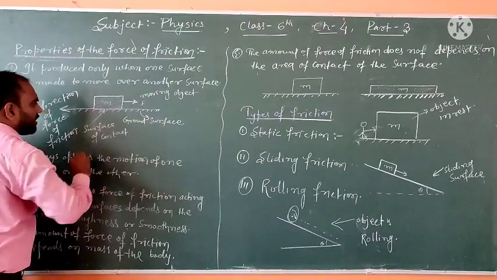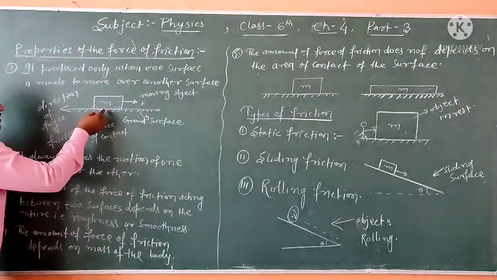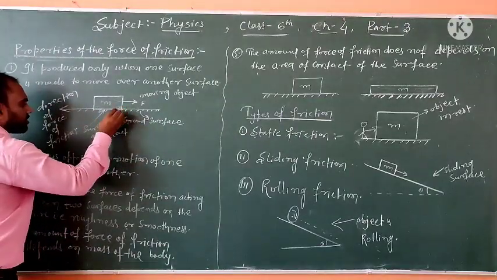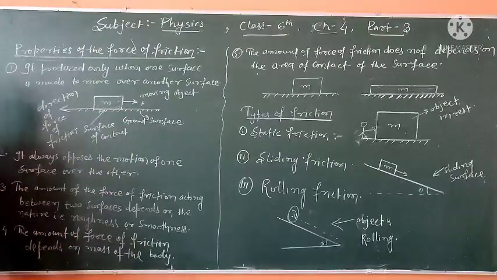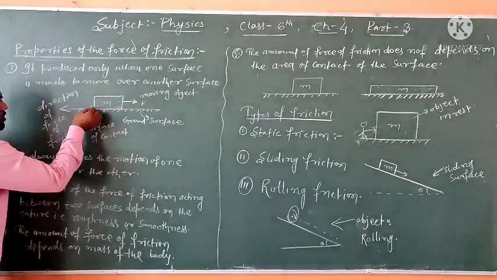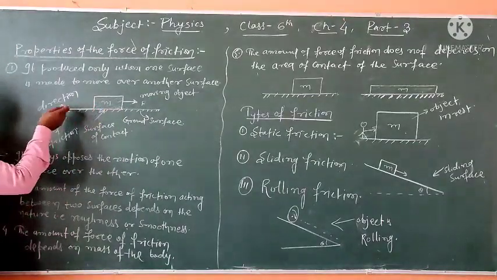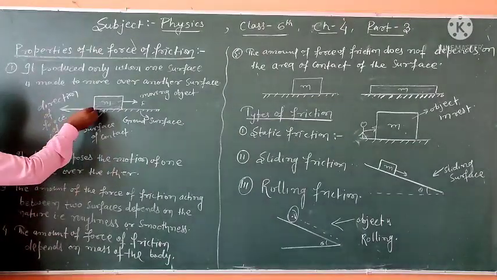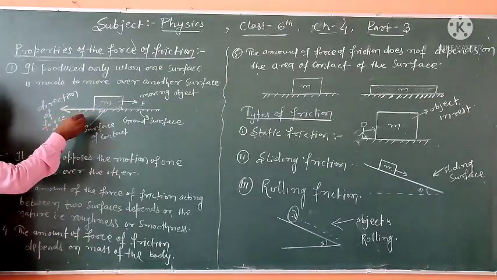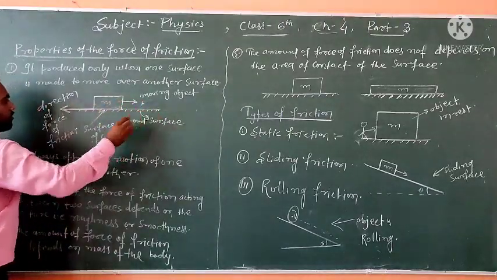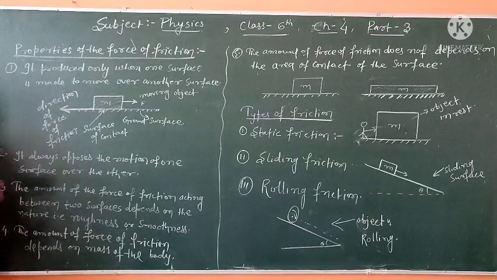As it is in contact with the surface, this contact is called the surface of contact. The force of friction on the object will be in the direction opposite to the motion of the body. Okay, that is what I am explaining here.